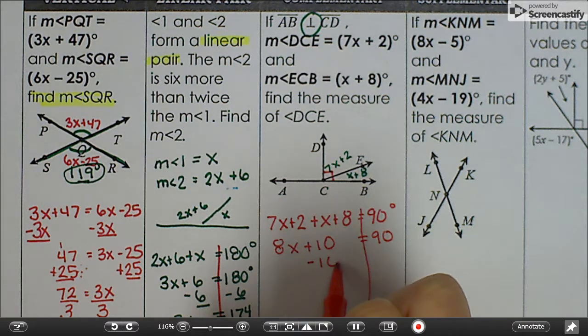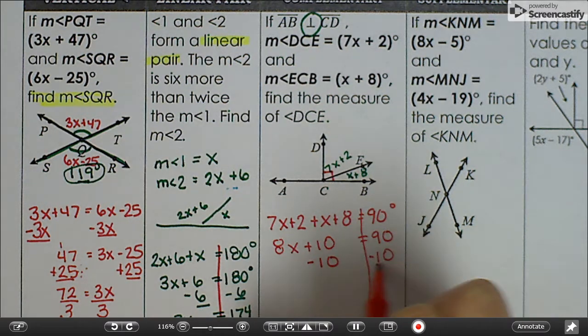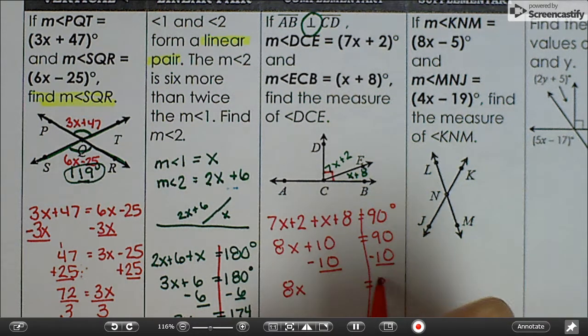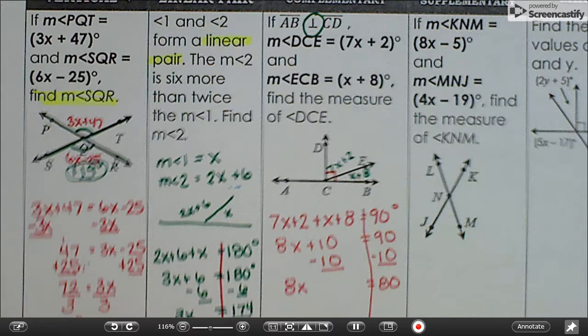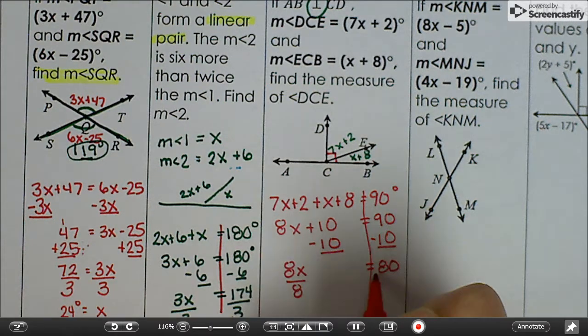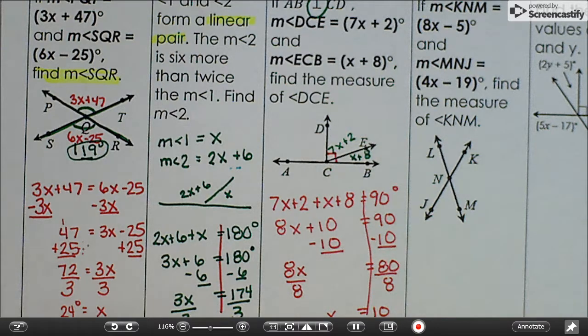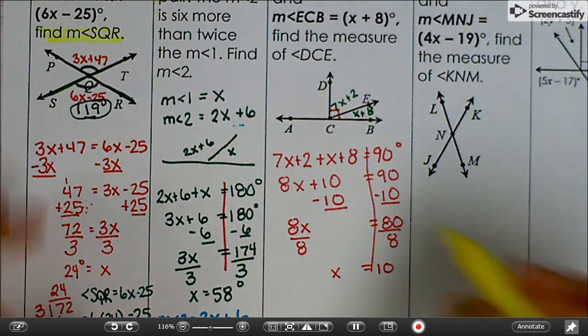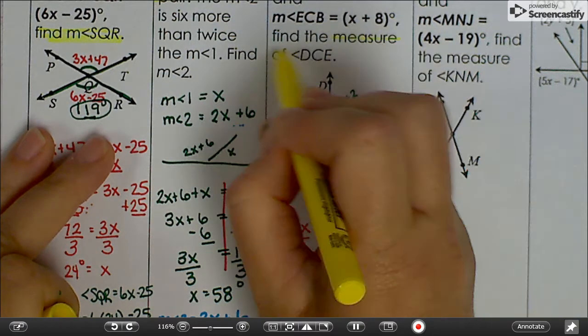We want to subtract 10. I know I'm going pretty fast, but if you need to pause at any time, feel free. Equals 80 divided by 8. X equals 10. So now we have x, and we want to go back to our problem to see if we actually solved it. It says find the measure of DCE.